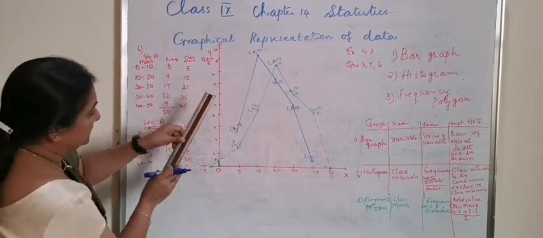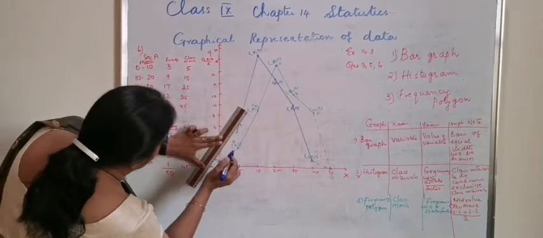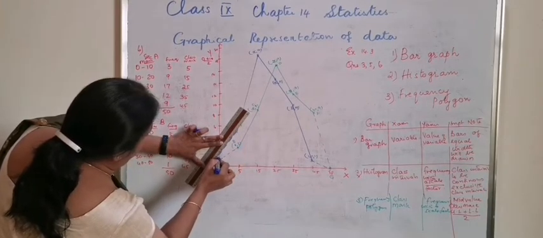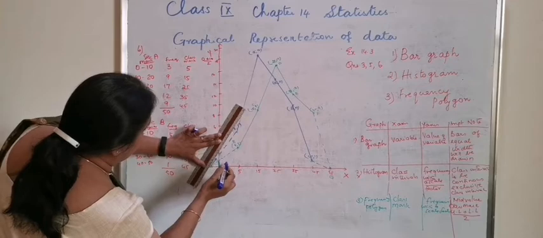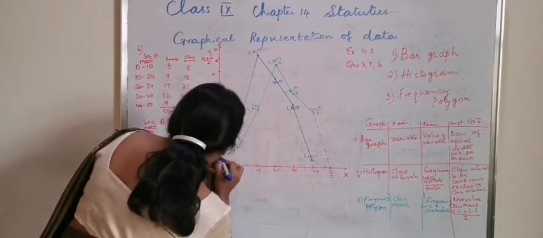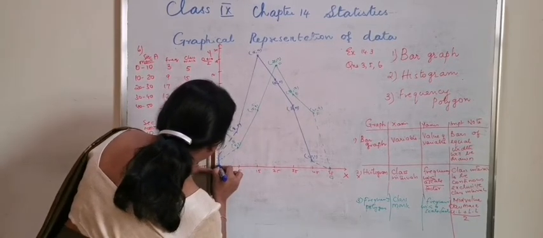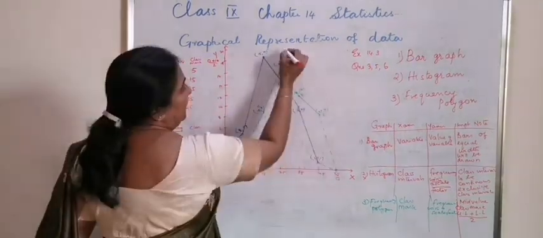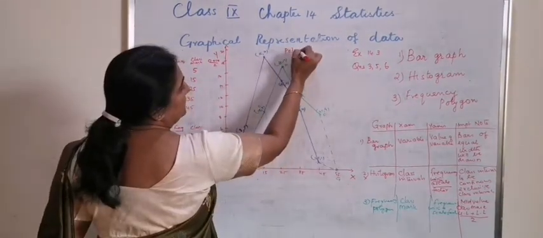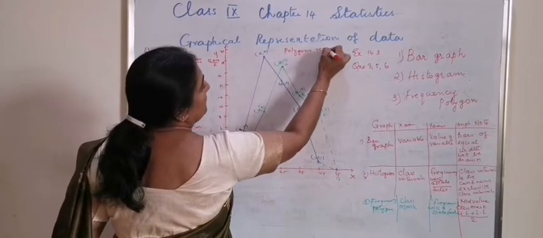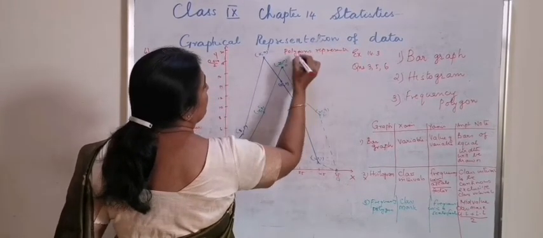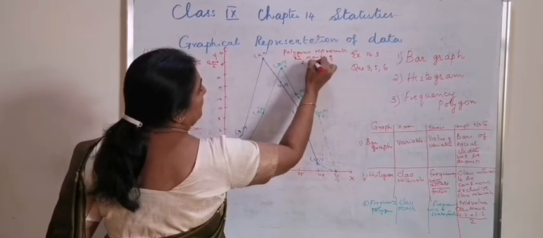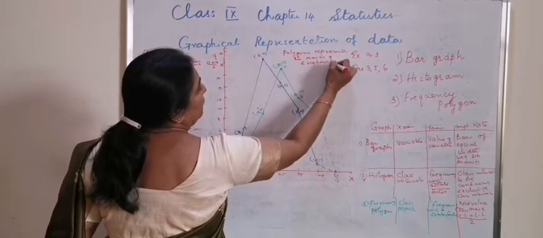As well as here. We'll join to the mid value, but the graph will be closed with the measure like that. Polygons representing the marks of two sections of a class.